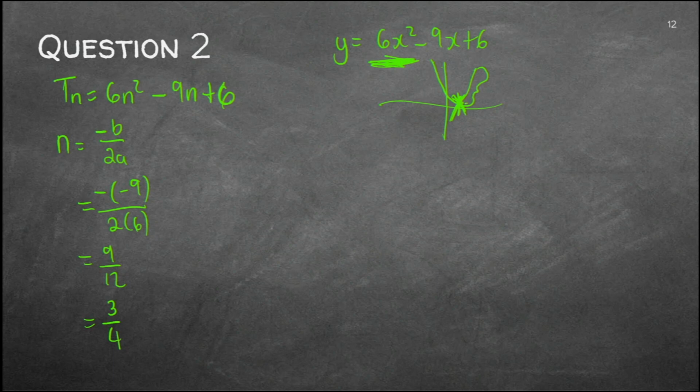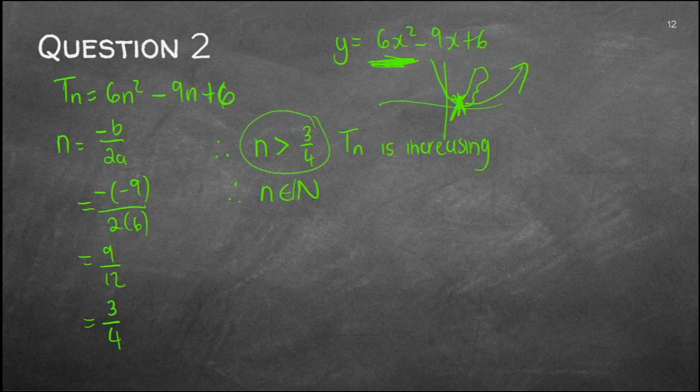From 3/4 onwards and larger than, that means it will be increasing. So I will say for n larger than 3/4, Tn is increasing, which then would imply if n is a natural number, meaning it starts at 1, it definitely falls within this scope. So I could say if n is a natural number, Tn will be increasing.